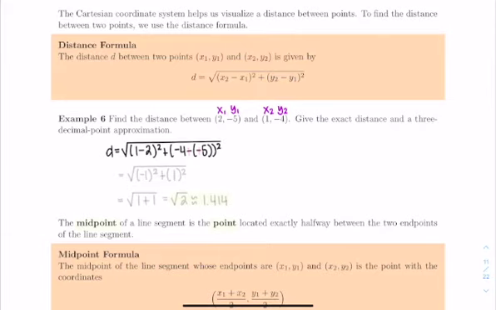And so we actually have a double negative that we can fix a little bit. And so let's just go ahead and simplify. Underneath the radical first, we have 1 minus 2, which is -1 squared, plus we have -4 plus 5, which is 1 squared.